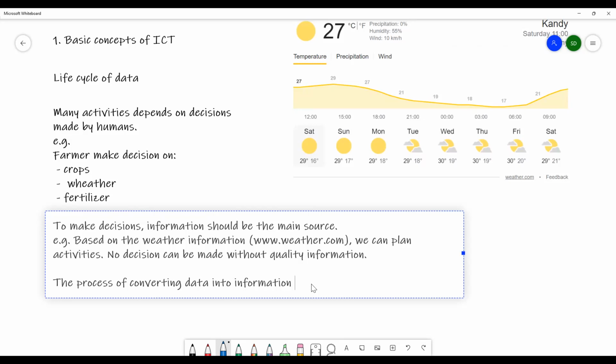So likewise, if you take a class, let's say we have marks for mathematics, marks for ICT, those are data. But if you take average marks of the class, then it becomes information.